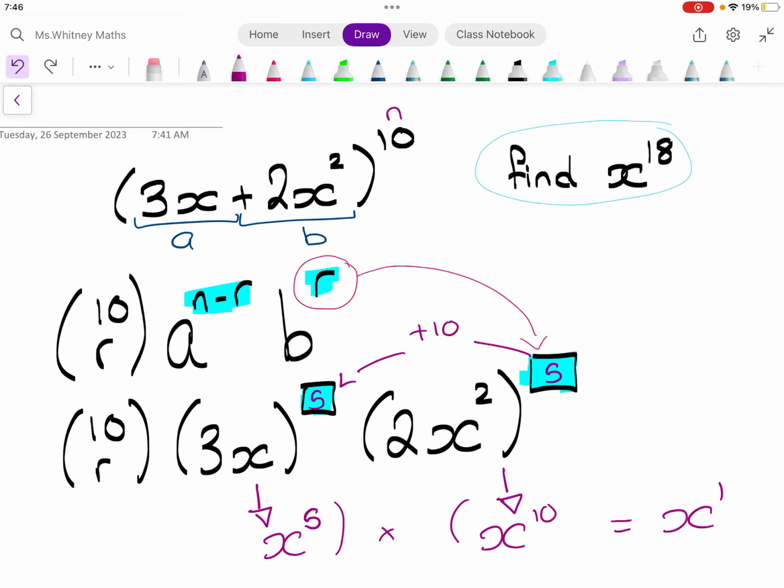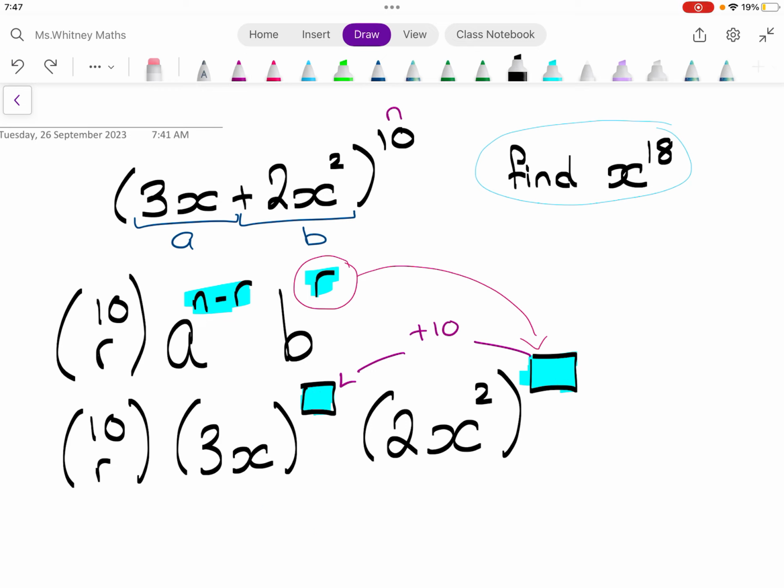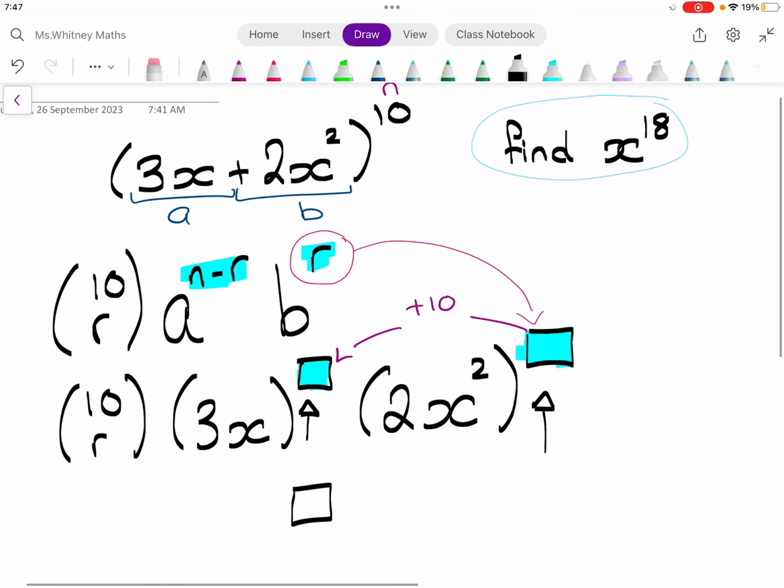So let's use a little bit more logic with this question. When we're multiplying x's, we actually add the powers.